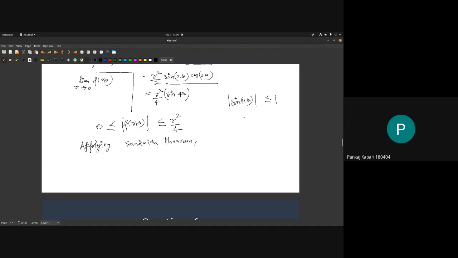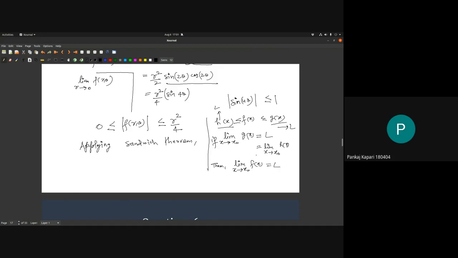It says that if you have a function which is squeezed between two functions, let's say g(x) and h(x), if the function is less than or equal to g(x) and bigger than or equal to h(x), and if the limit as x tends to x naught of g(x) equals L, which is equal to the limit as x goes to x naught of h(x), okay, if both these functions go to L when x goes to x naught, then this theorem says that the limit of the function which gets squeezed or sandwiched between these two functions, as x goes to x naught, also exists and is equal to L.